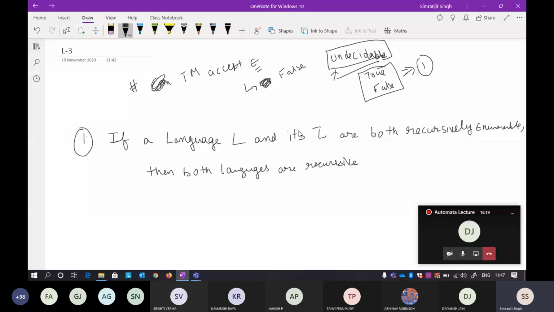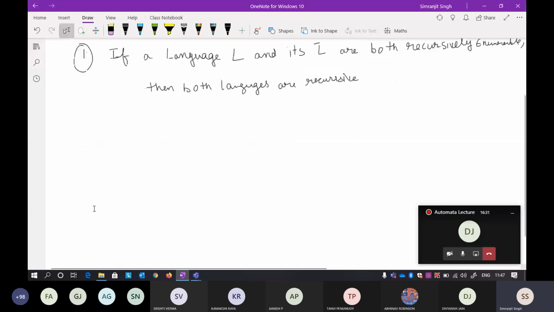In the previous lecture, we were discussing recursively enumerable and recursive languages. I told you that a Turing machine can accept two types of languages: recursively enumerable languages and recursive languages.